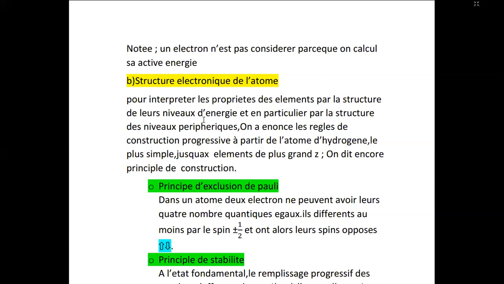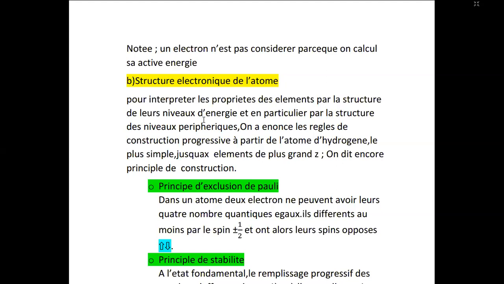So for us to interpret all that about an atom, we have to follow some rules of construction, which we have to keep in mind in terms of drawing a configuration, the atom structure, and a lot of things.